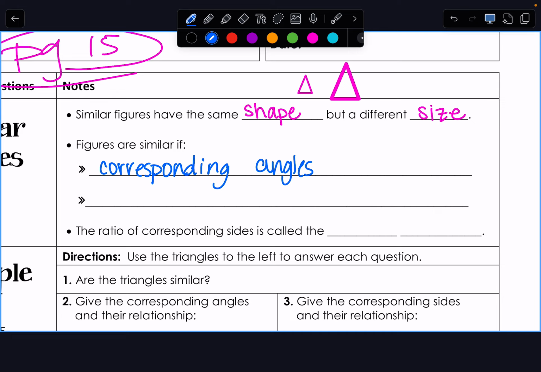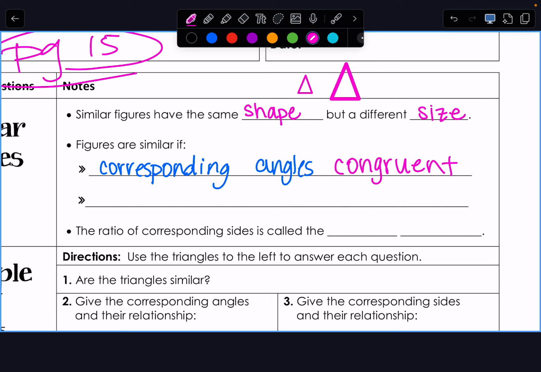Okay? So we have corresponding angles. In our similar figures, these are still going to be congruent. Our angles, in order for these to be the same shape, have to remain the same. That's what congruent means, right?